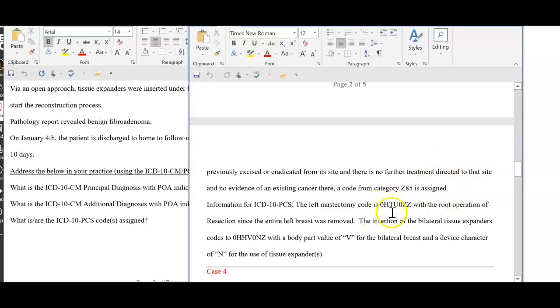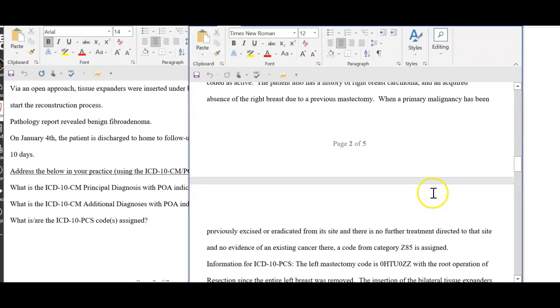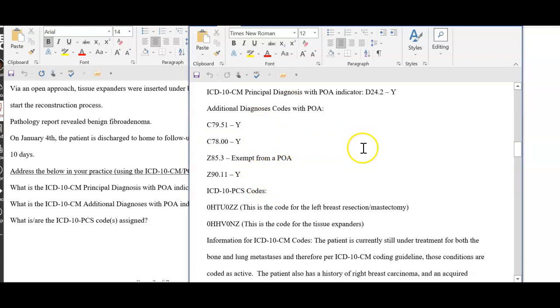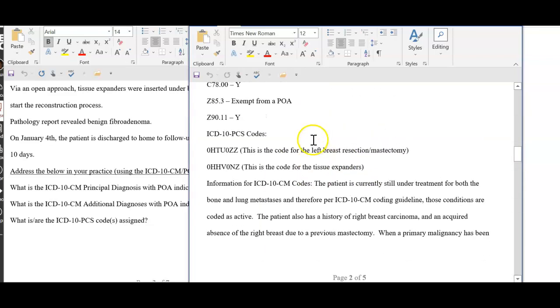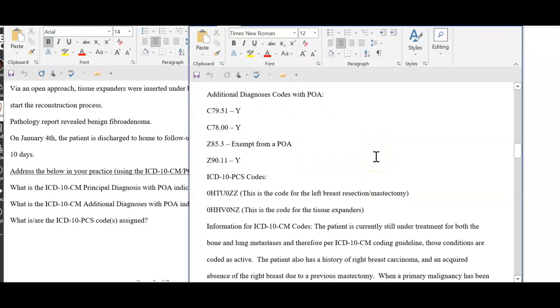Okay, so then we go into our left mastectomy code, root operation resection, and then we have the tissue expanders. So if anybody has a question over that, let me know. We have all are exempt, yes, present on admission. And when you put these into the encoder, especially for the Z codes, it'll pop up saying Y or exempt.